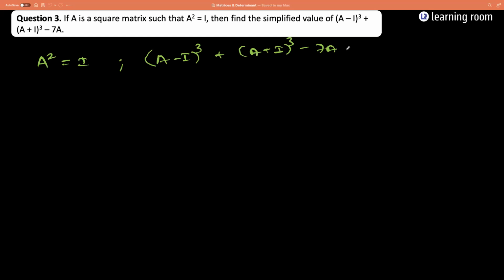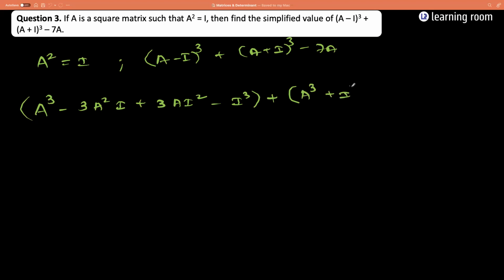So (A minus I) the whole cube, what should I do? A cube minus 3A square I plus 3A I square minus I cube. Plus what is going to be (A plus I) the whole cube?